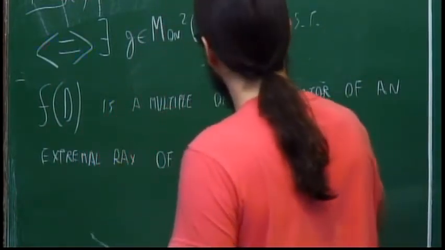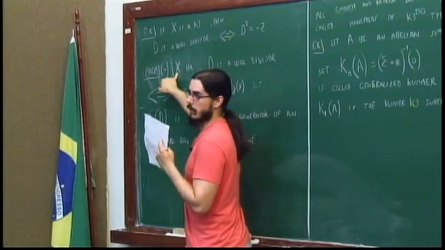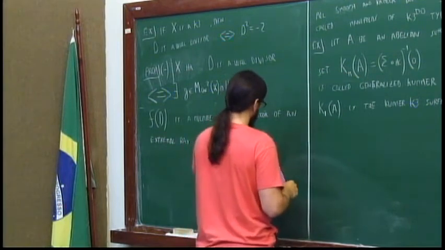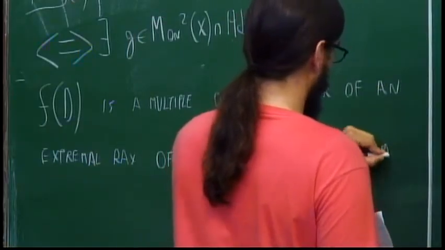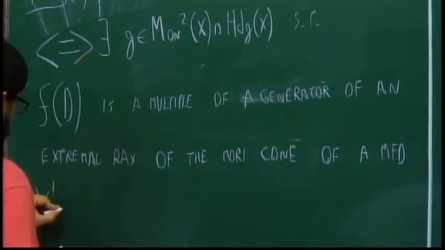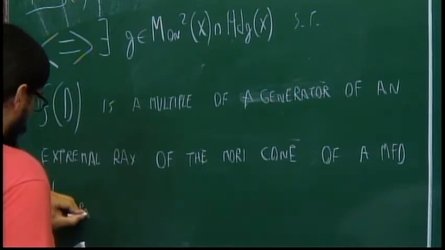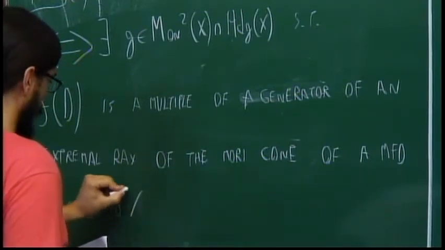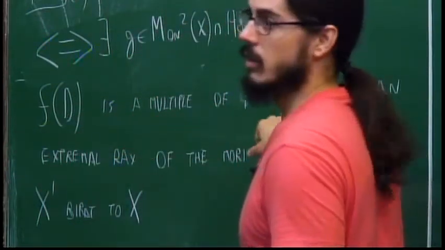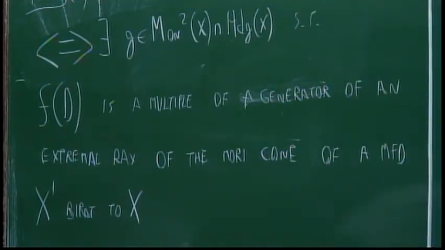Here I don't have necessarily the Mori cone of X. I might have the Mori cone of a different manifold X prime birational to X. So here, with multiple of such a generator of an extremal ray, I mean with this embedding.